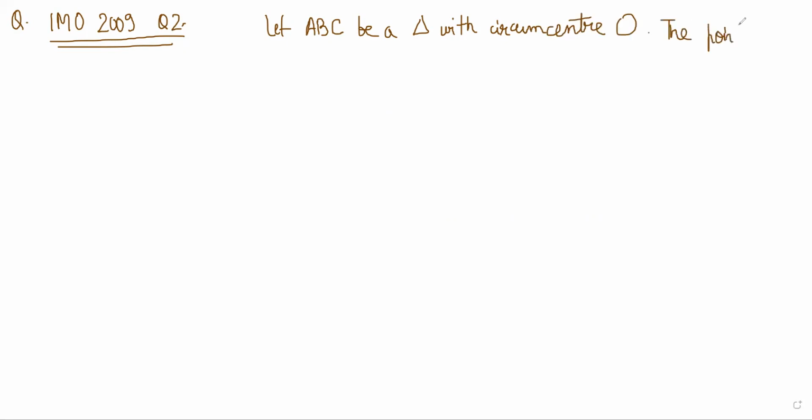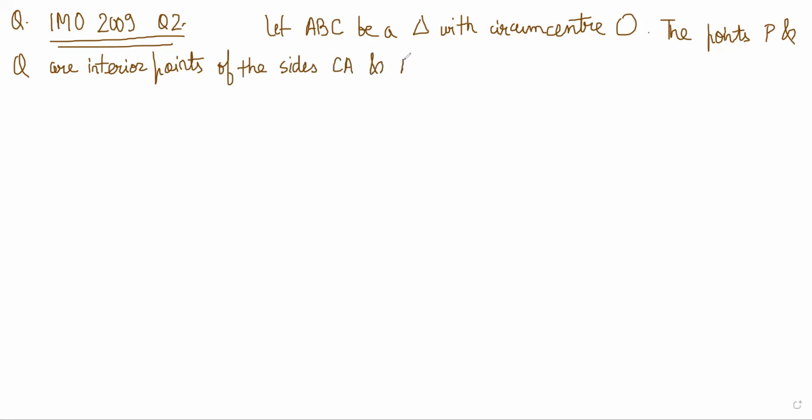This question says: let ABC be a triangle with circumcenter O. The points P and Q are interior points of the sides CA and AB respectively.